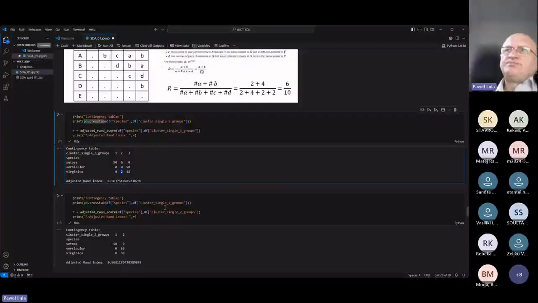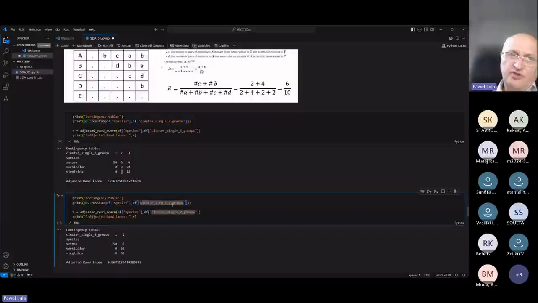Here we can check the quality of classification using the same method, single linkage method, but after cutting the dendrogram into two groups. And here I compare real classification from species column with obtained classification.